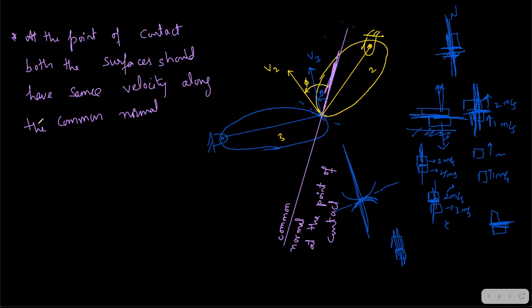So what can I write in this case? Both the velocities along the common normal need to be the same, so V2 cos phi is equal to V3 cos theta.